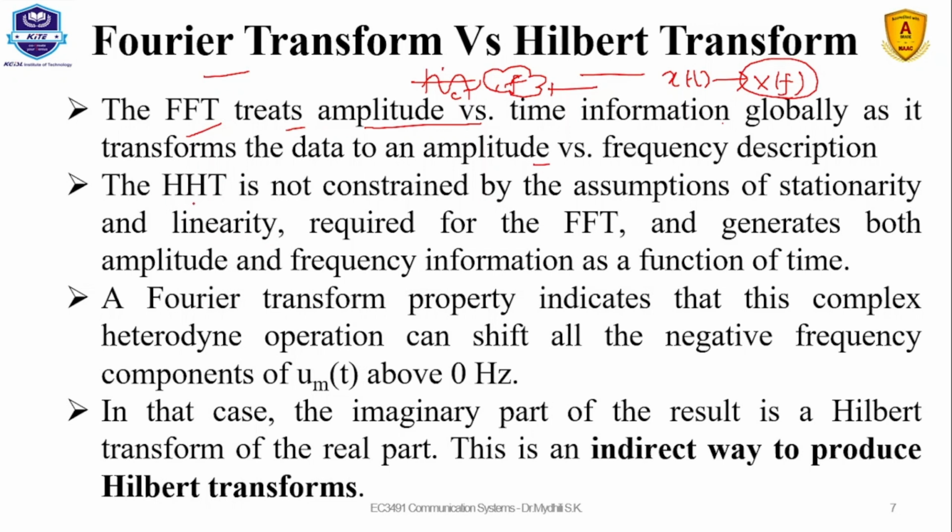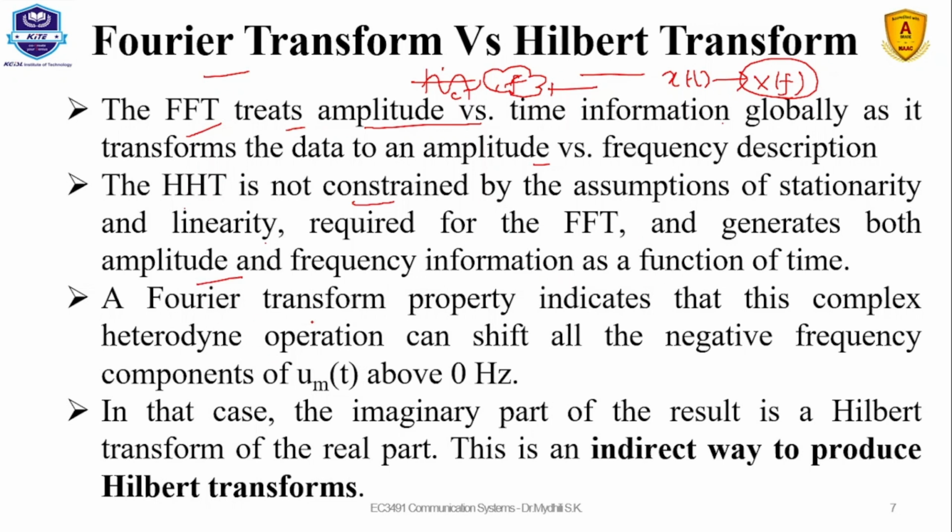Whereas the Hilbert transformation, HHT, is not constrained by the assumptions of stationarity and linearity required for the fast Fourier transformation, and it generates both amplitude and frequency information as a function of time.